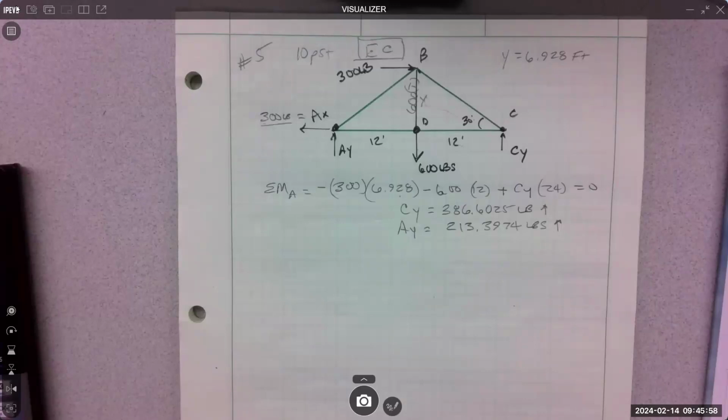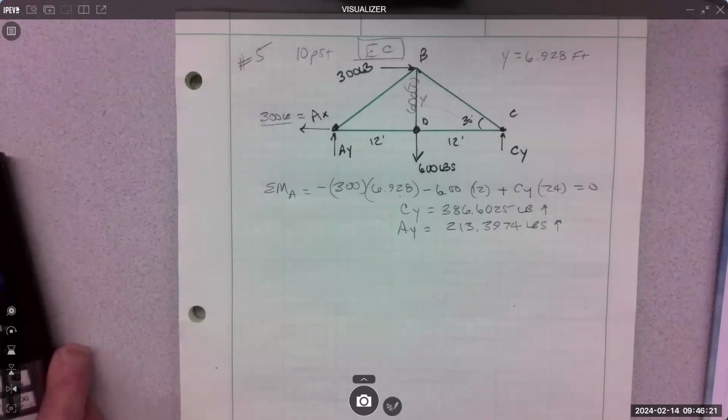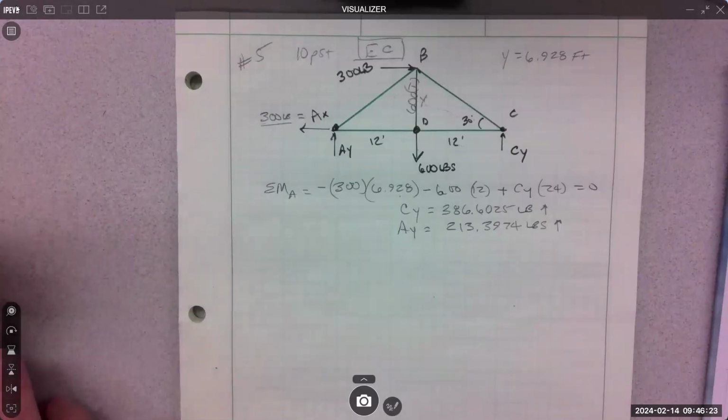Kick it off. Did I get them right? I think I got it. I might have gotten it wrong. Wait, how'd you do? Oh, right. I'll calculate it again. Anybody get my numbers?